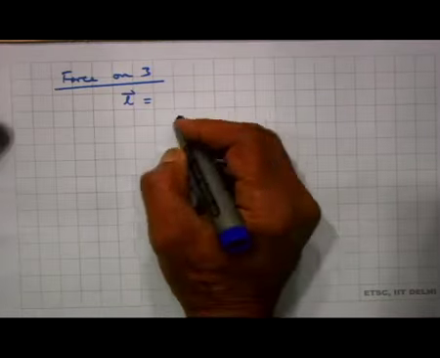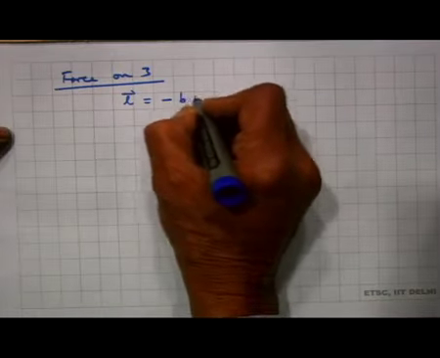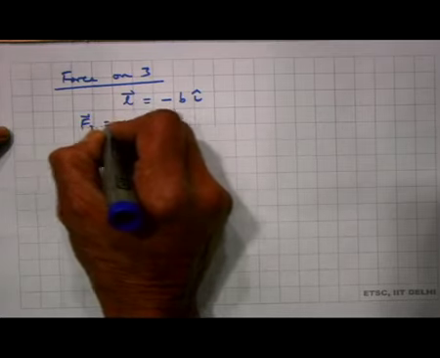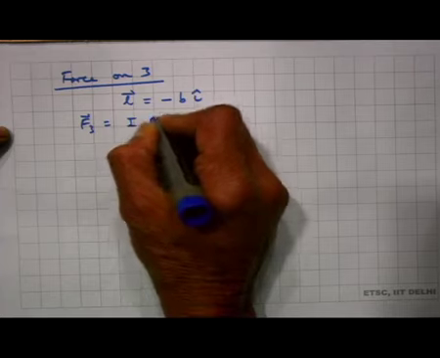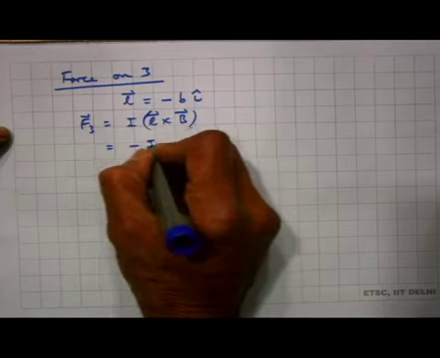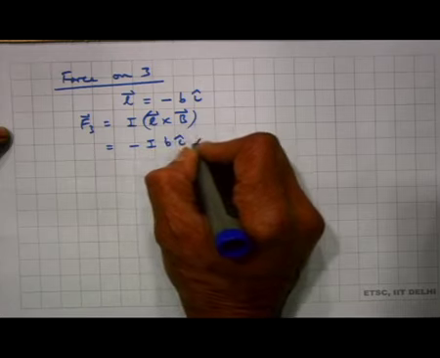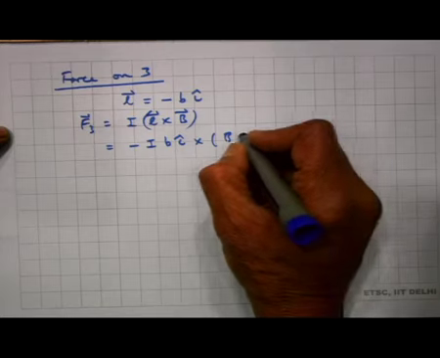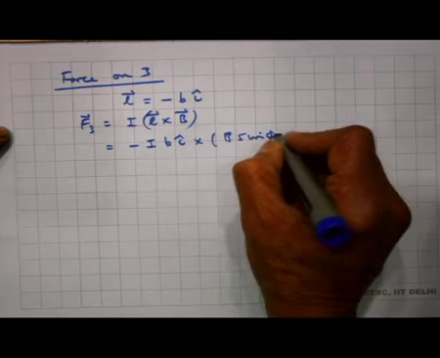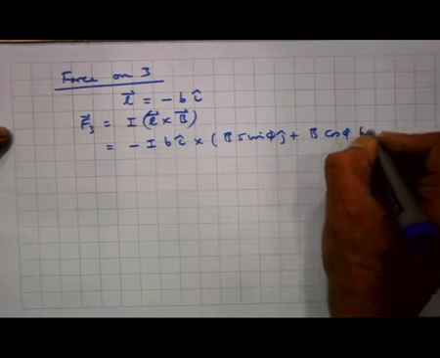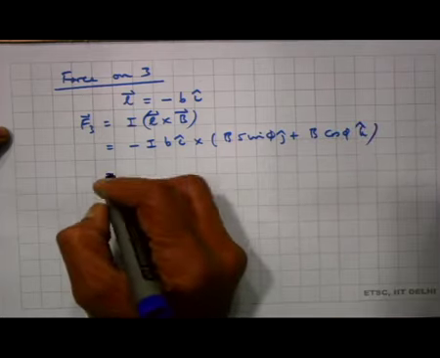So, L vector will be equal to minus b times i cap, and F3 will be equal to I L cross B, which is equal to minus I b i cap cross B sin phi j cap plus B cos phi k cap.